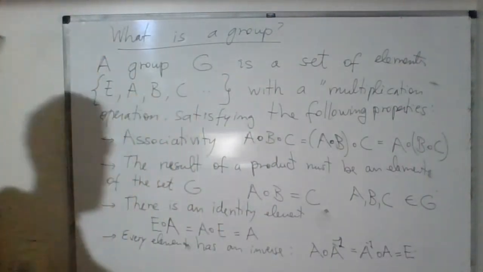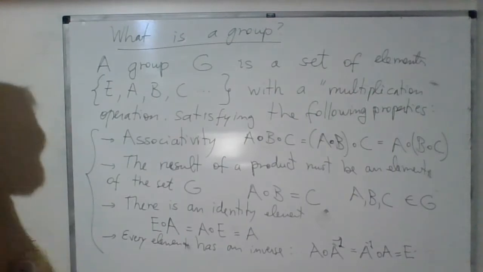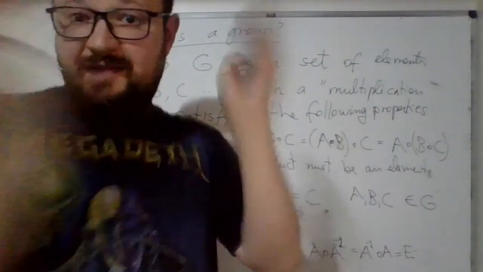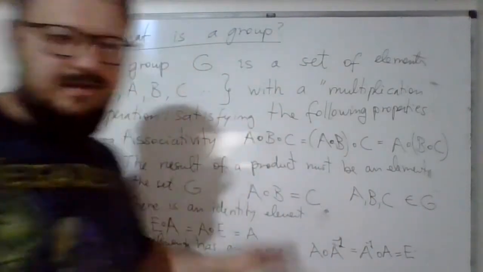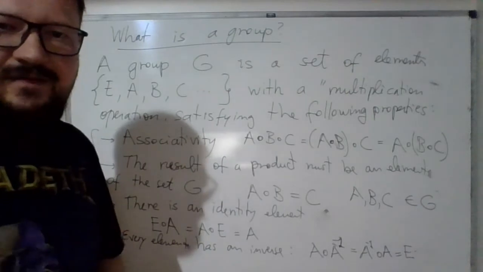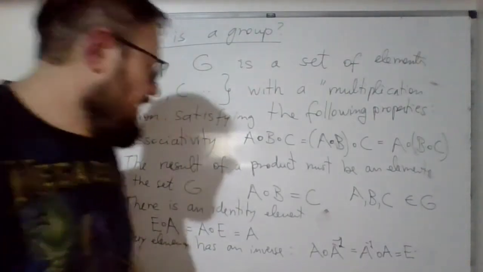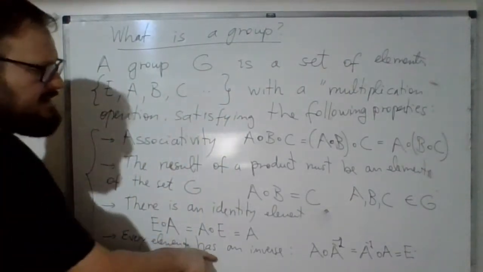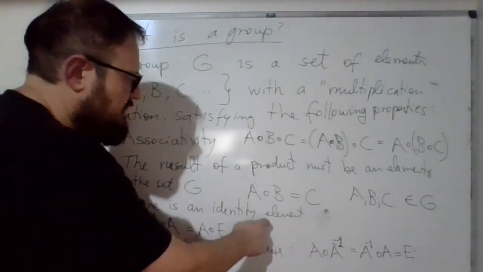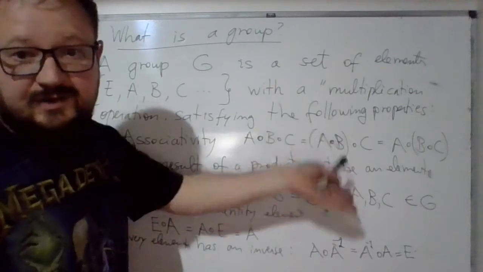So a group is defined by this set of properties. It's a set of elements satisfying these properties here, right? So this is the definition of a group. If you don't have the inverse, it is not a group. If you don't have an identity element, it is not a group.